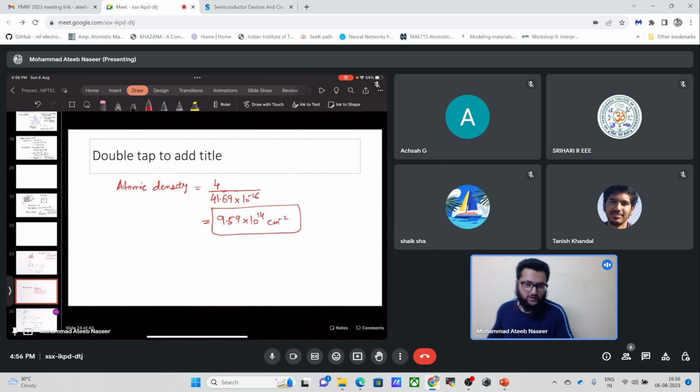Clearly, you would see that this has more atomic density as compared to the previous plane.